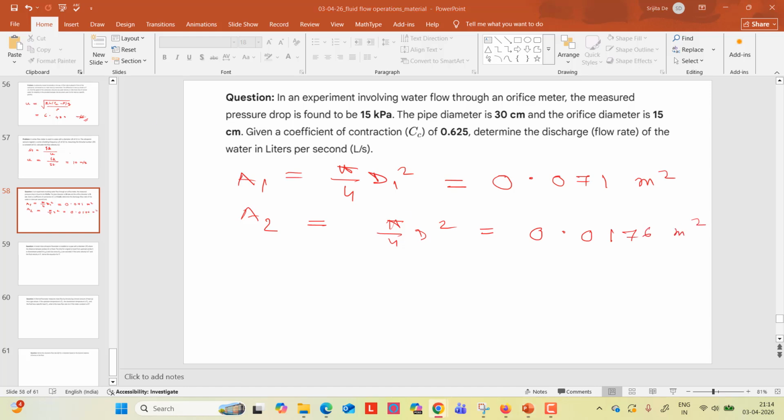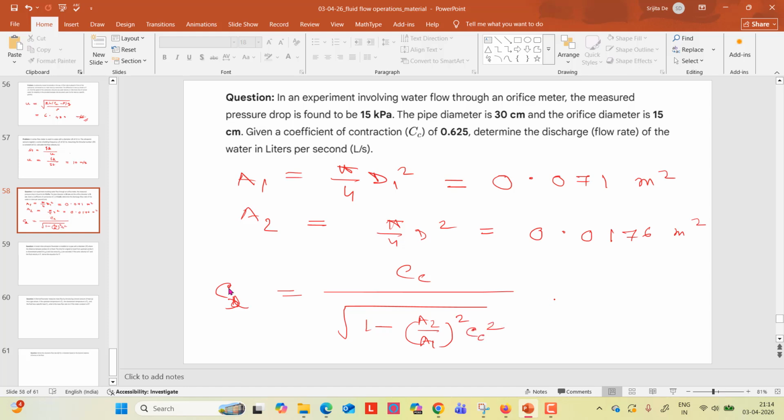So what is given? It is given the coefficient of contraction, but we need to calculate coefficient of discharge. So the CD formula is given. It is CC by root under 1 minus (A2 by A1) whole square into CC square.